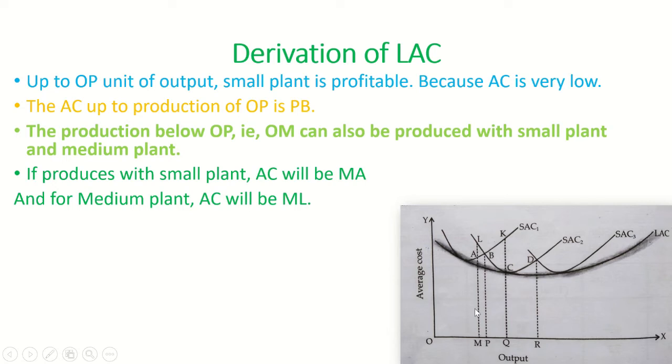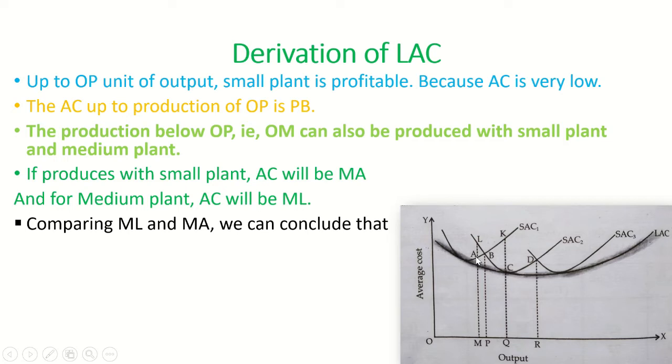Okay, the AC will be ML. If we produce with a small plant up to OM, the average cost will be MA. And the same output, if we produce with the medium plant, the average cost will be ML.